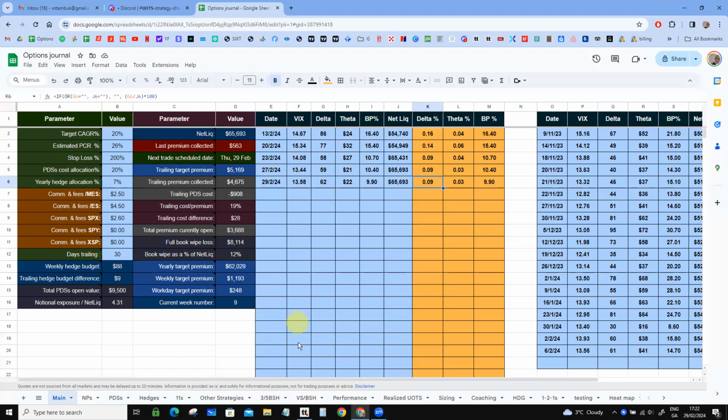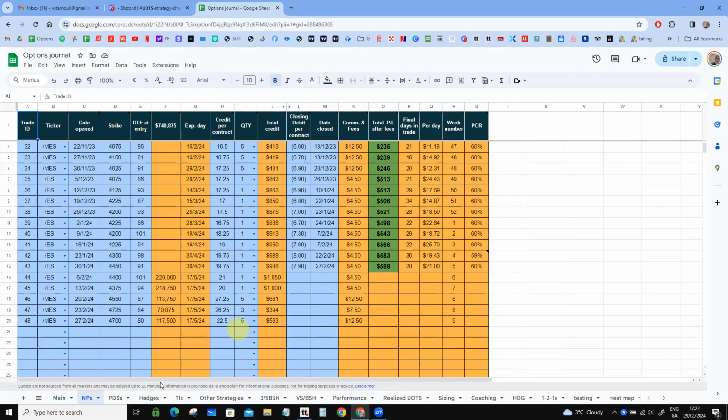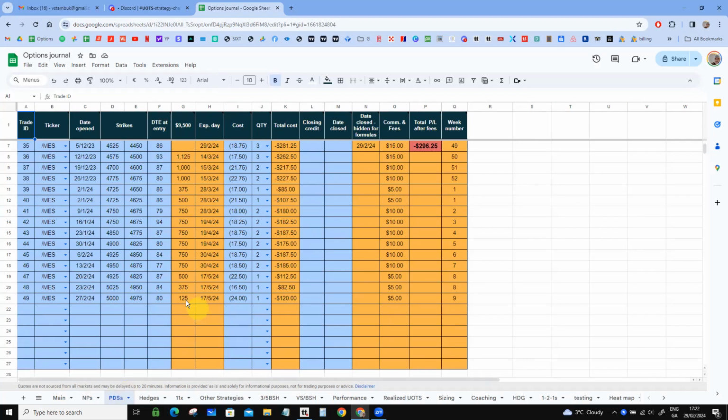Last time on Tuesday, we placed an MES trade with 5 naked puts, and then we did a 125 wide put debit spread in MES. And we're playing around with different ideas because with our account size, we can do a few different things.